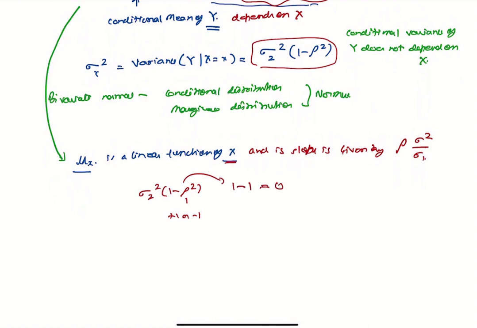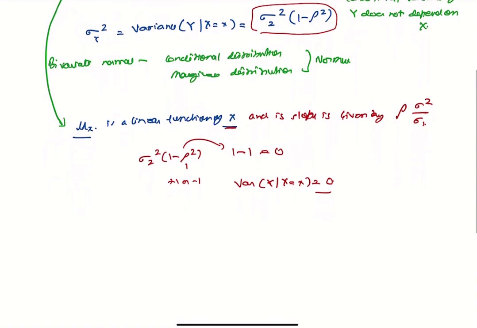So the conditional variance of y given x is equal to x becomes 0. So if we condition on x, the conditional variance is 0, and the conditional distribution is very much concentrated on the conditional mean.